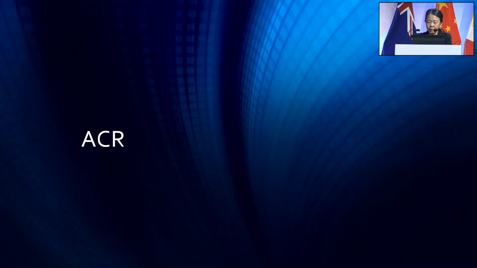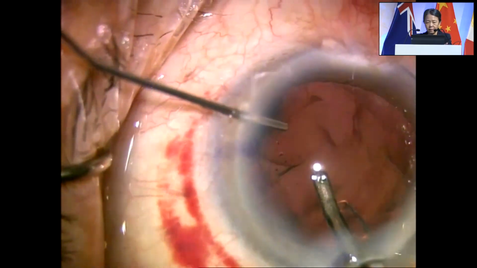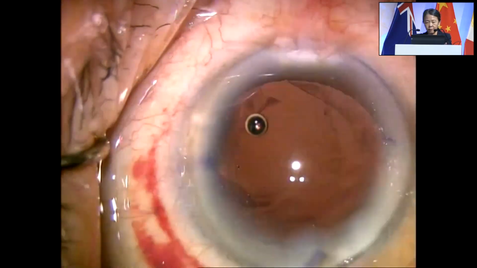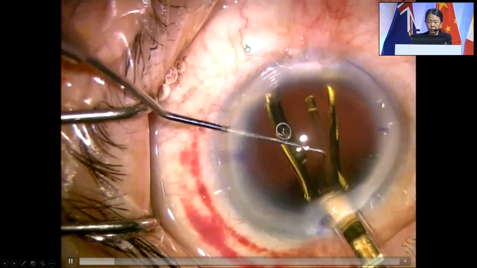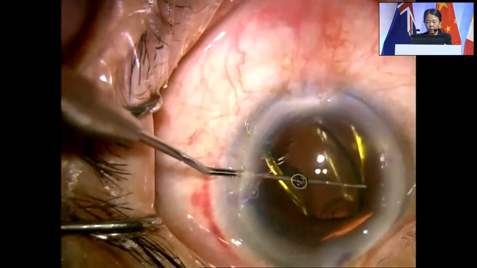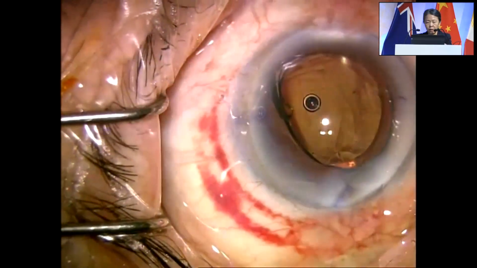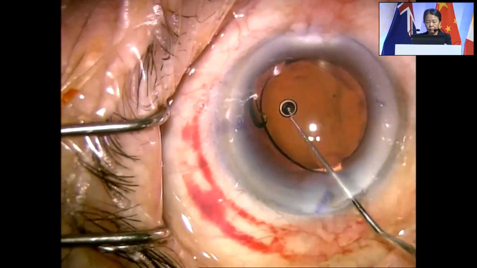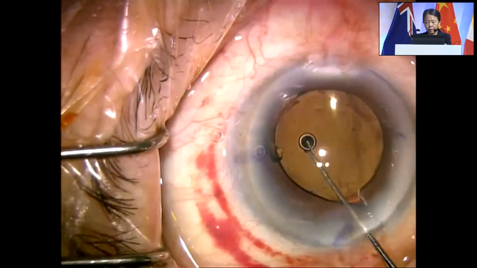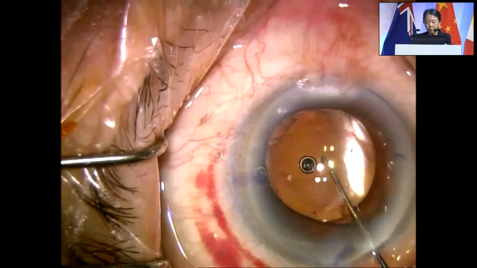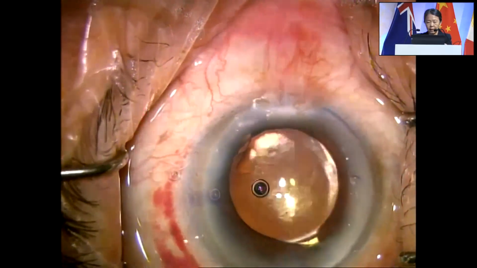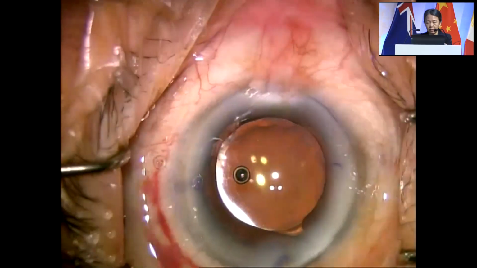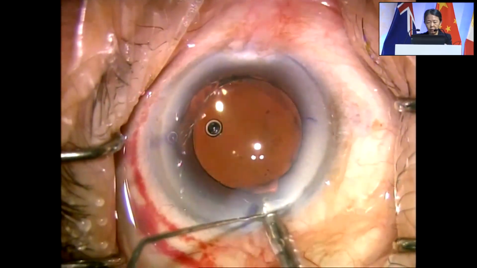Okay, so in the case of anterior capsule rips, and we have premium lenses, this is a case here, and you can see that rip right across there. So what are we going to do? So this patient here, you can see, unfortunately, my toric axis is exactly there, but I felt that it was safe.